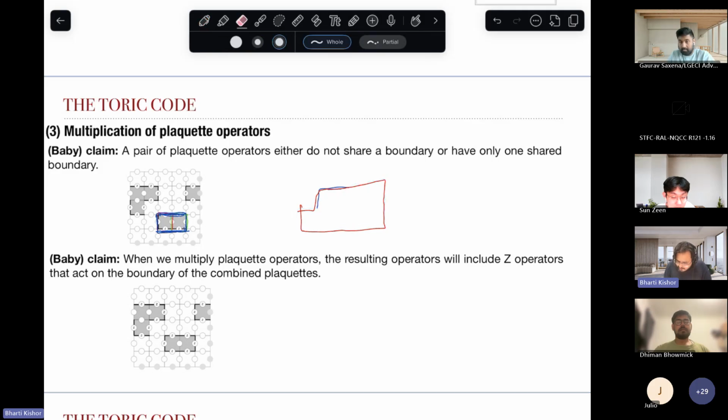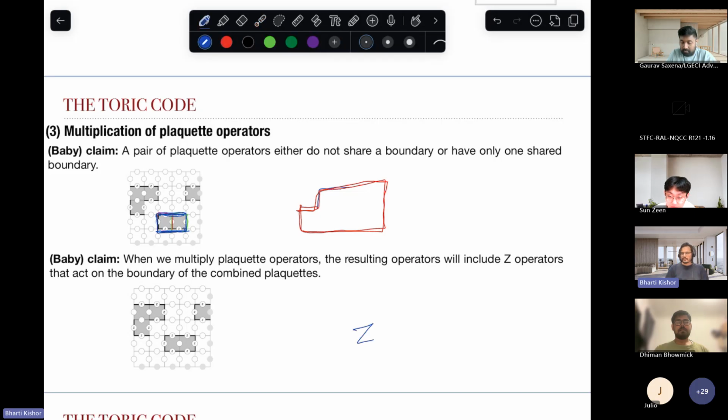So this part is gone, and you are left with the big common boundary. So whenever we multiply plaquette operators, the resultant operator will include Z operators that act on the boundary of the combined plaquettes. And yeah, I hope this makes sense.